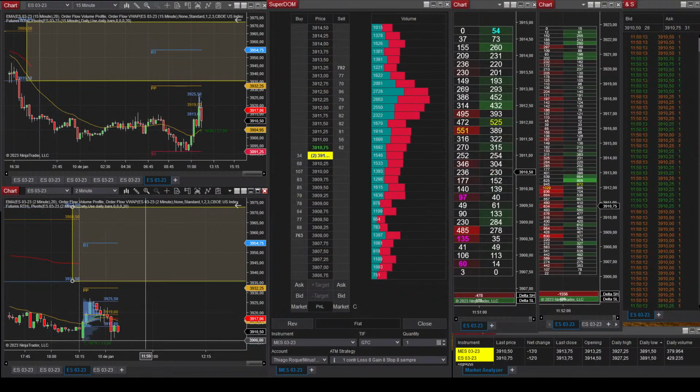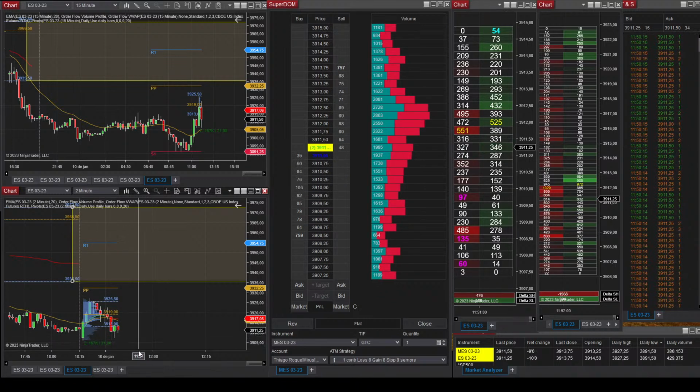So in this sense, considering the price trading below the moving average, in this scenario, I would try to prioritize short trades.